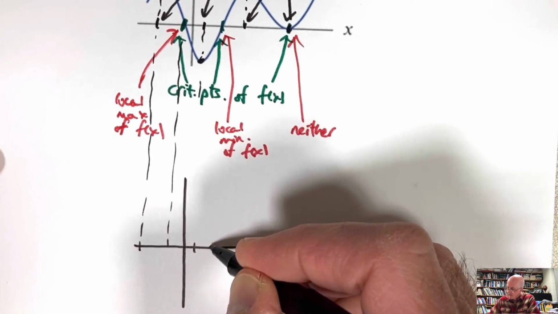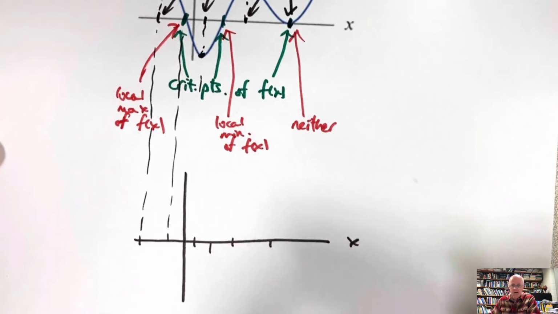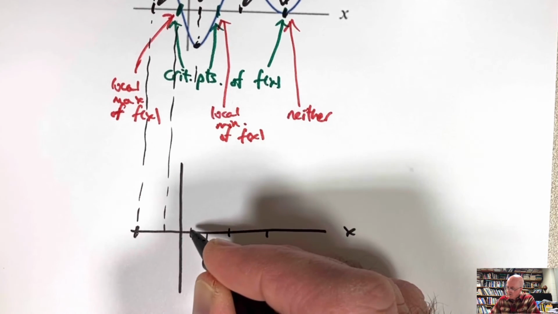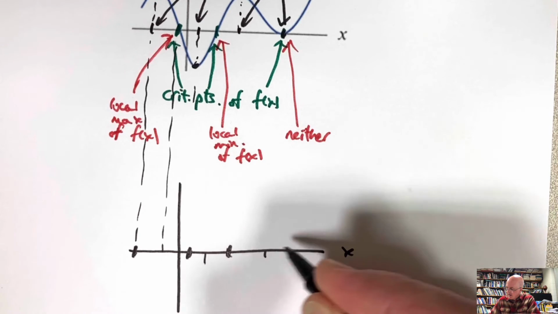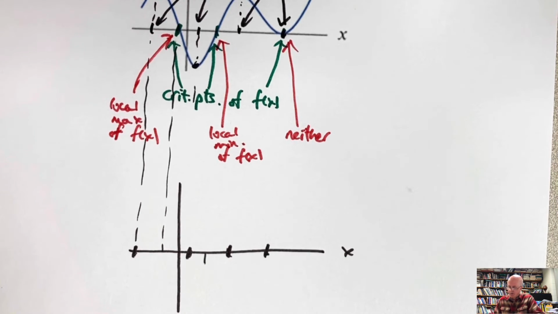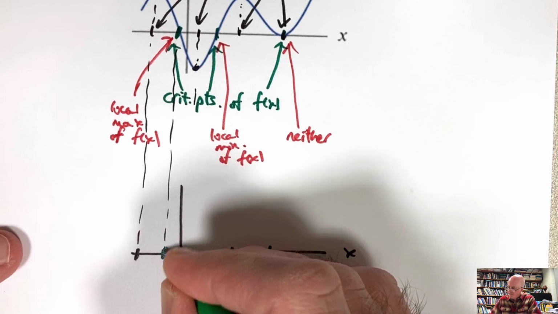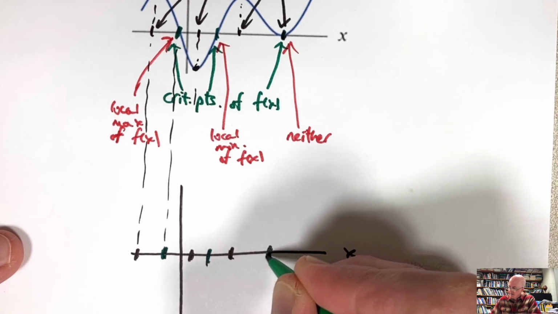Just trying to do this very roughly. These correspond to inflection points of f, and the other ones correspond to critical points of f that are maximum there, minimum there, and neither here.